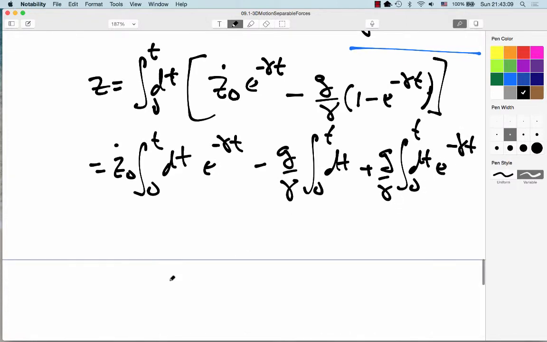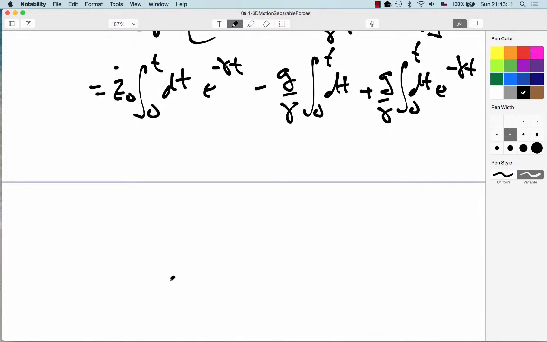All right, let's evaluate each of those individually. This one will give me z naught dot over gamma e to the minus gamma t, evaluate from 0 to t.